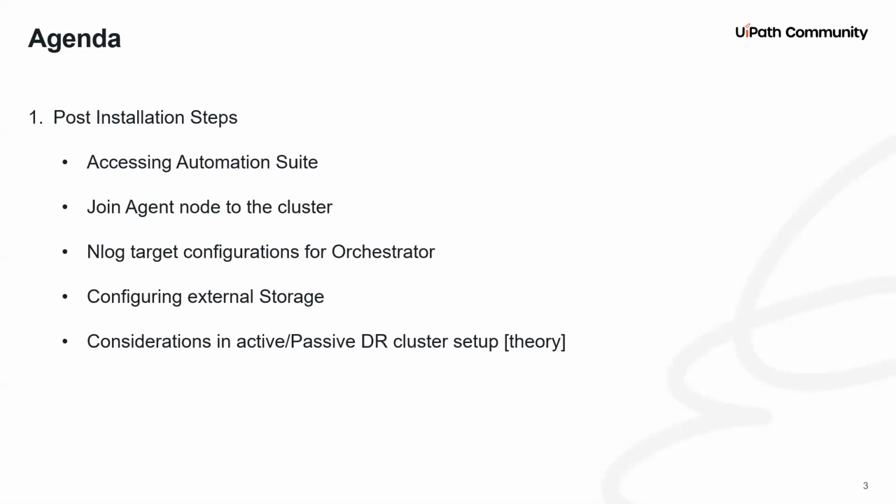Including how to access the automation suite, how we can join the agent node to the cluster, how we can configure the log target for orchestrator, say for example, Elasticsearch, and how we can configure the external storage. All this we are going to discuss today, and also we will have a little bit of theory around the active passive DR cluster setup with automation suite.